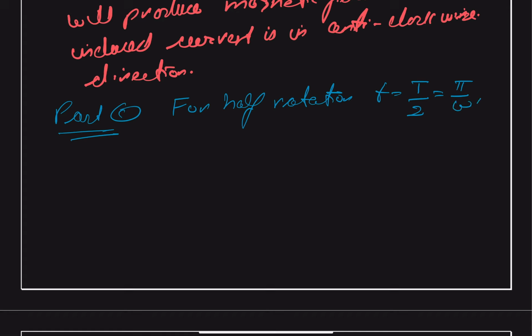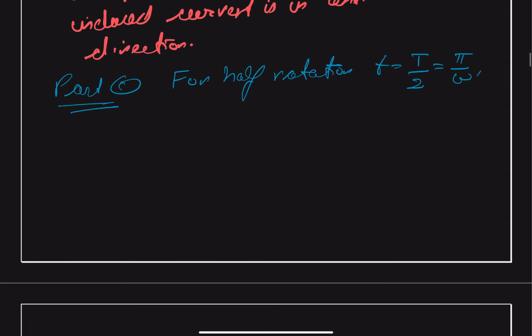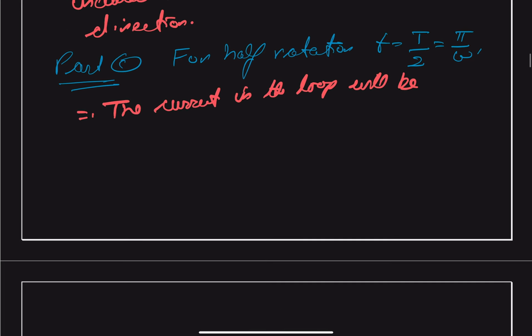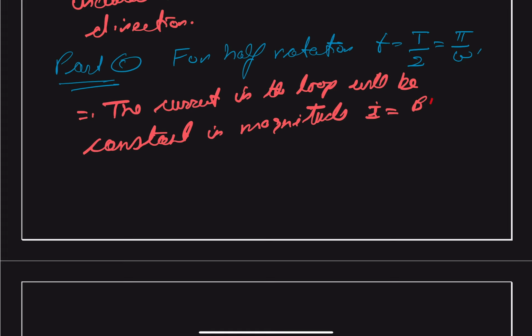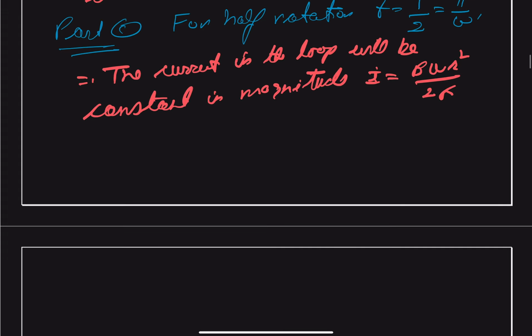The current in the loop will be of constant magnitude and anti-clockwise, which we found out: I will be equal to B omega r square upon 2R.